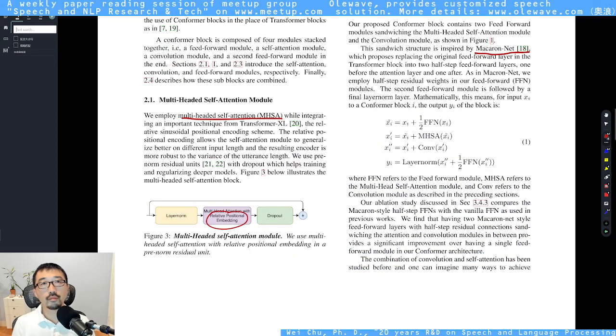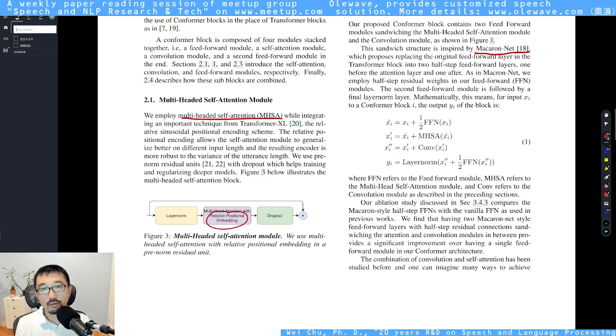Why? I guess you could go to the paper and check out why, but my understanding is that when the transformer looks at the context, the absolute position makes less sense compared to the relative positional embedding, because when you look at the current frame or current input, the one before it, the one next to it, it's the relative location, right?